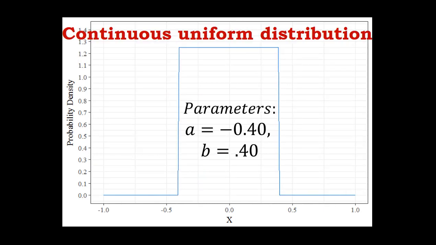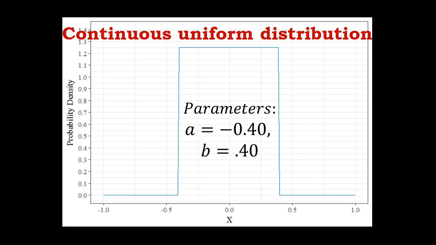The second of the continuous distributions is the continuous uniform distribution. Here we have a variable that has a continuous distribution over the interval that goes from negative 0.4 to positive 0.4.